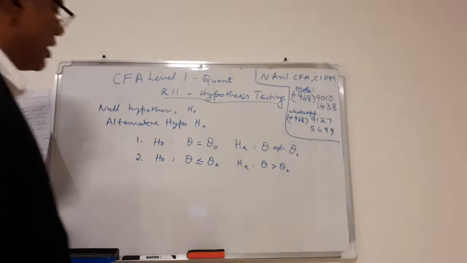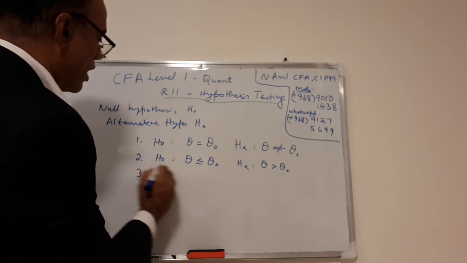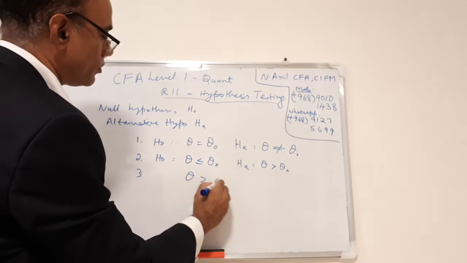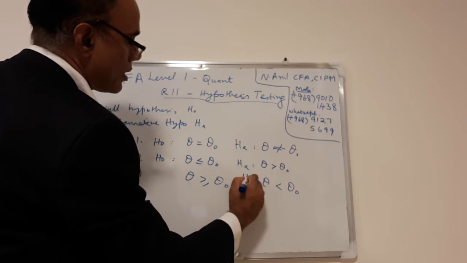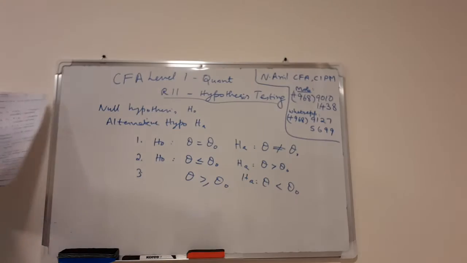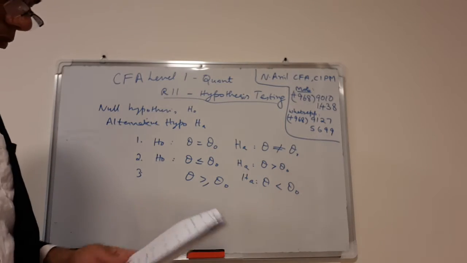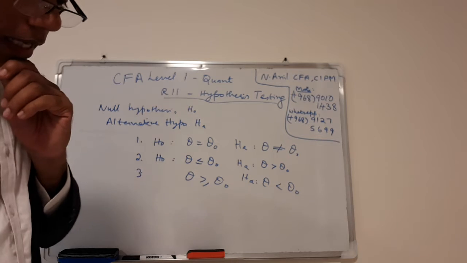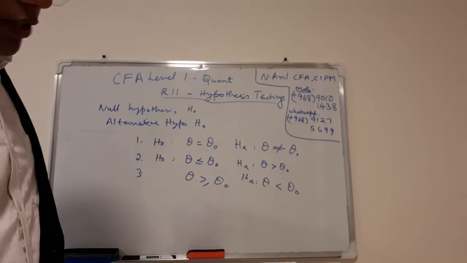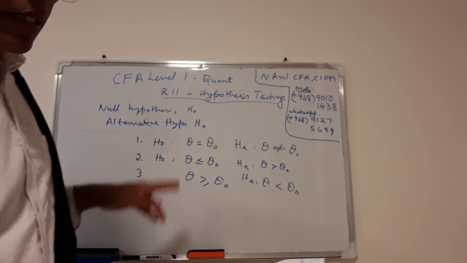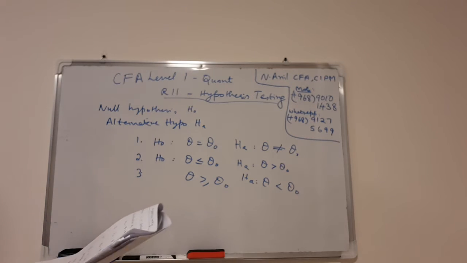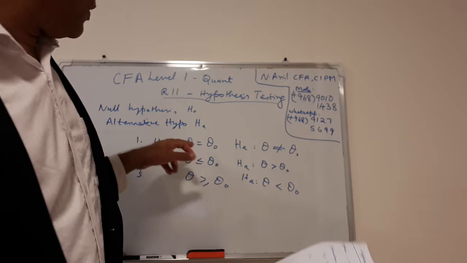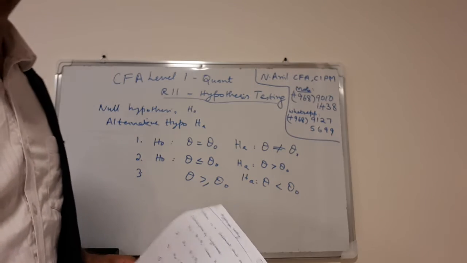This is a one-sided hypothesis. Likewise, you can have another one like this. So always remember, the null hypothesis H naught is the hypothesis to be tested, while the alternative hypothesis is the hypothesis accepted when the null hypothesis is rejected.